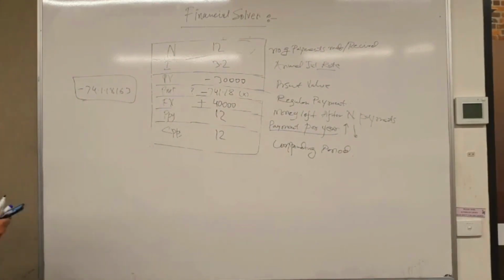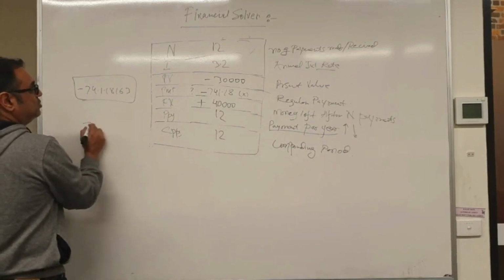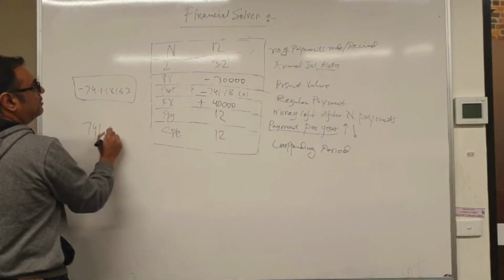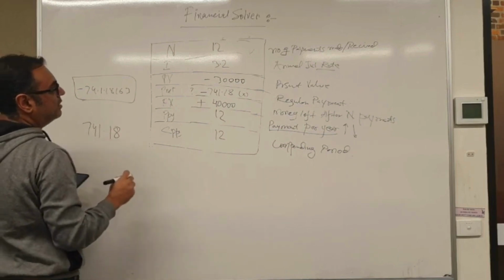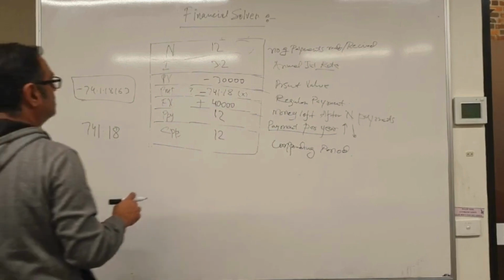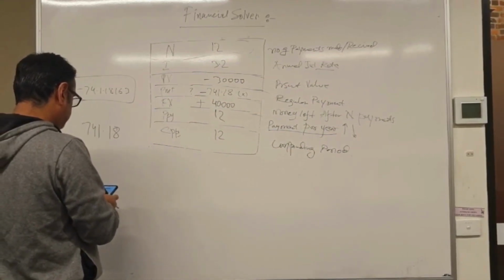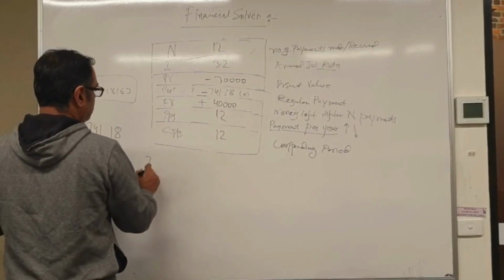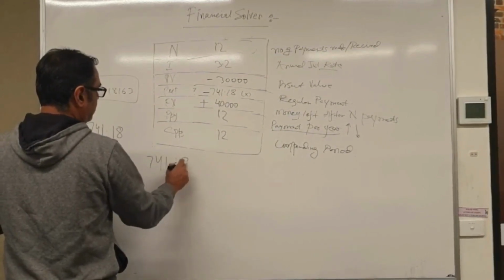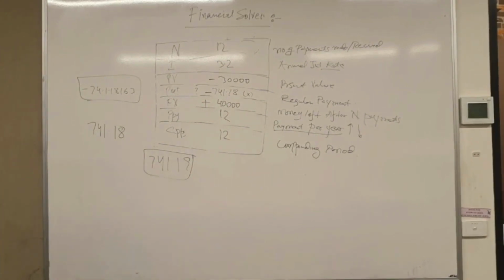Now, can someone on the regular calculator do 741.18 times... what? I mean, is the answer 741.19, not 18?